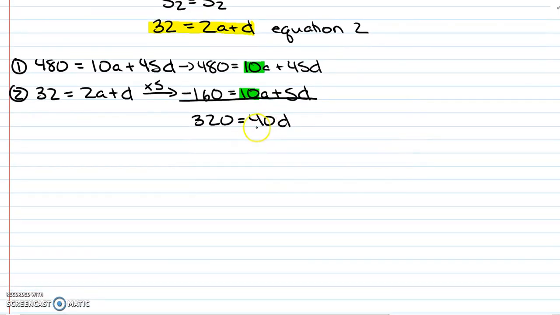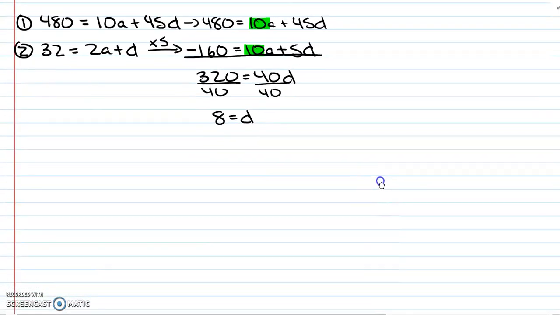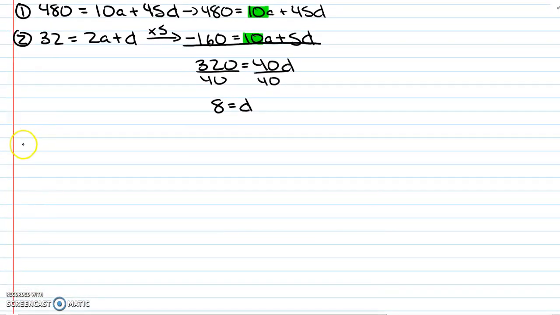Now we're going to divide both sides by 40 to isolate d, and we get 8 is equal to d. We can now plug this value into one of our equations, so we'll plug it into equation number 1. So 480 is equal to 10a plus 45 times the d value, which we now know is 8.